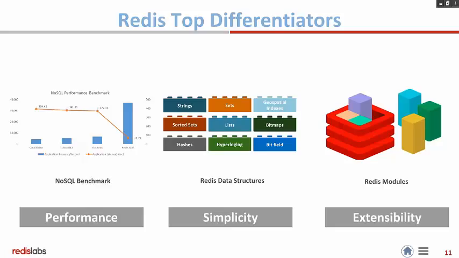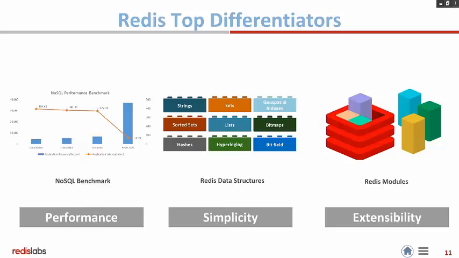But that's not all. Redis comes with a range of data structures that enable a wide variety of use cases. And the data structures are very clever ways of implementing application functionality that would have taken tons of time to develop otherwise. I'll do a little bit of an explanation of that in a second.